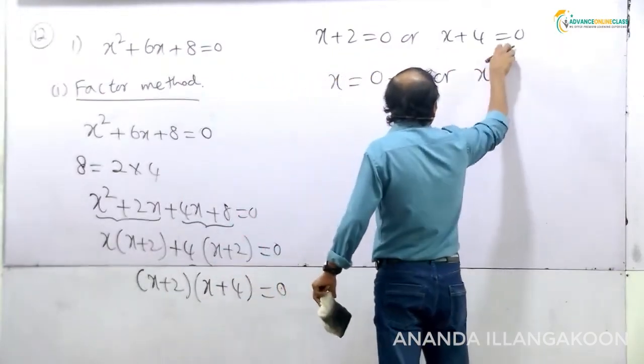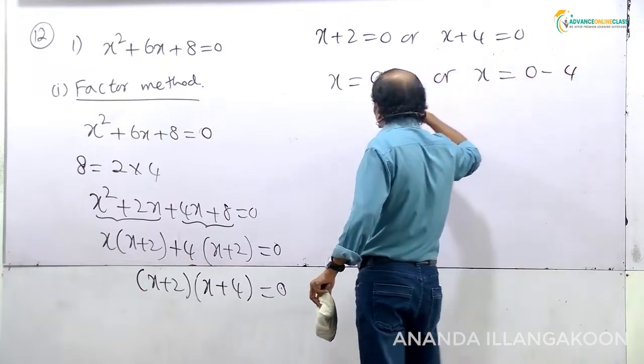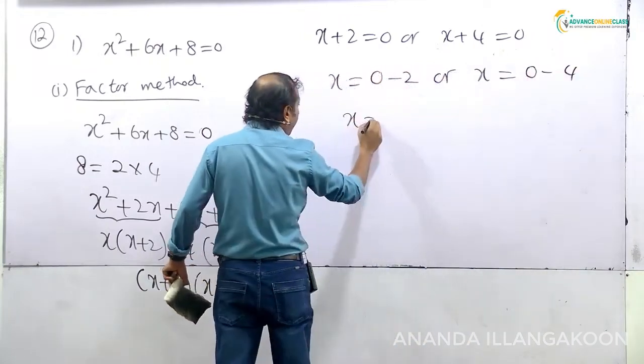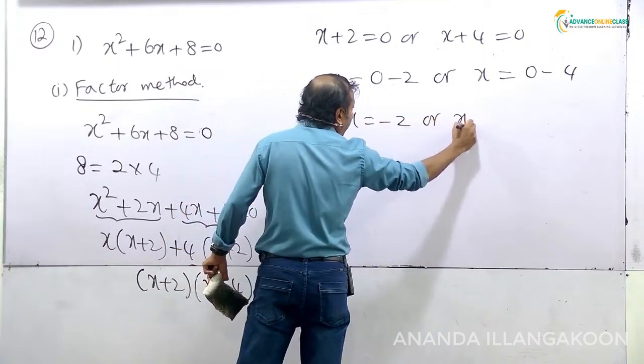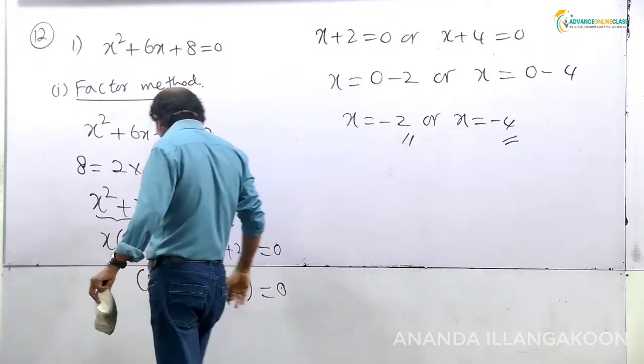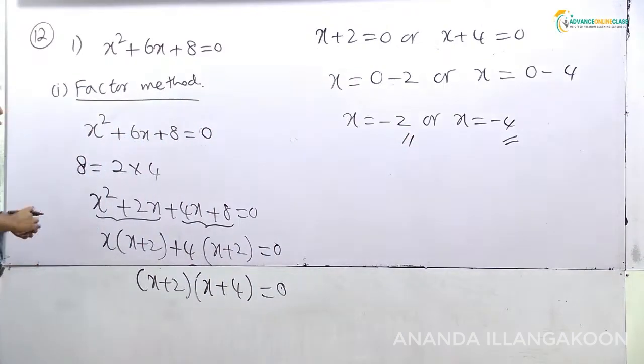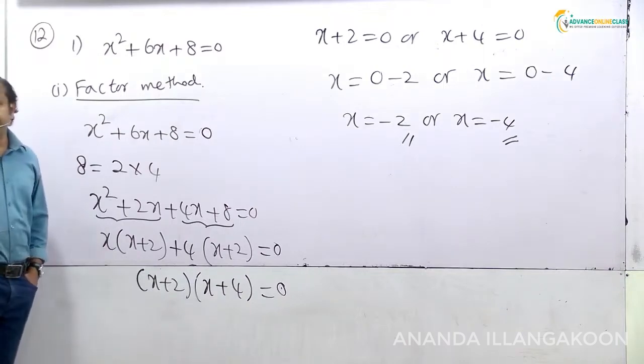Bring this 4 to the right hand side, minus 4. So 0 minus 2 is really minus 2, and here minus 4. This way we get the 2 solutions. Okay? This is the factorization method.